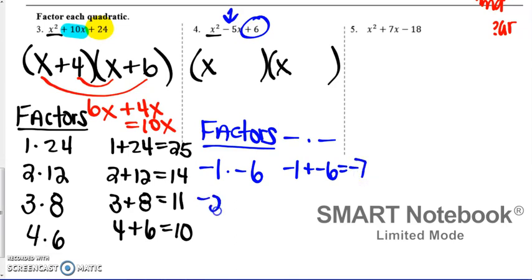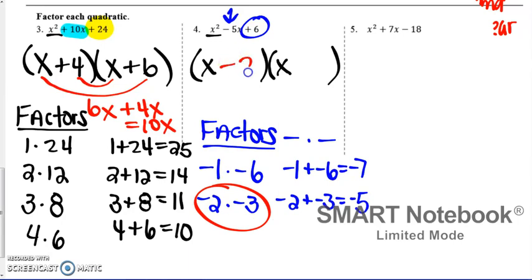Let's try negative 2 times negative 3. Negative 2 plus negative 3, oh, that gives me negative 5. That means that this set of factors is going to work. I'm going to have x minus 2, x minus 3. Again, I needed them both to be negative so that when I multiply them together, I get a plus 6.